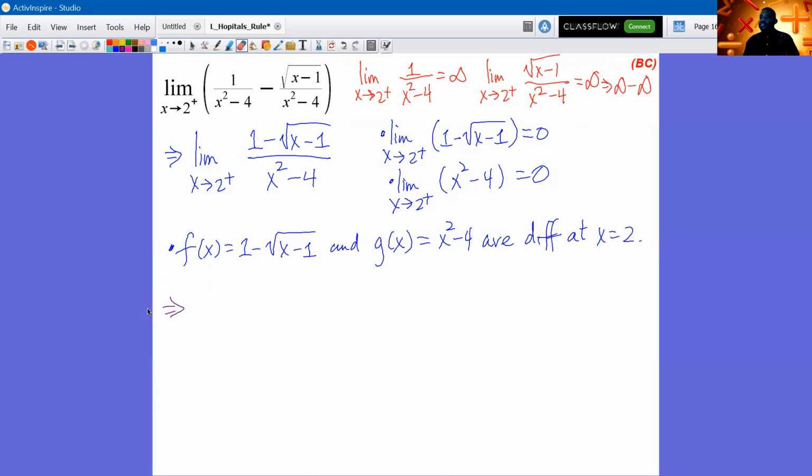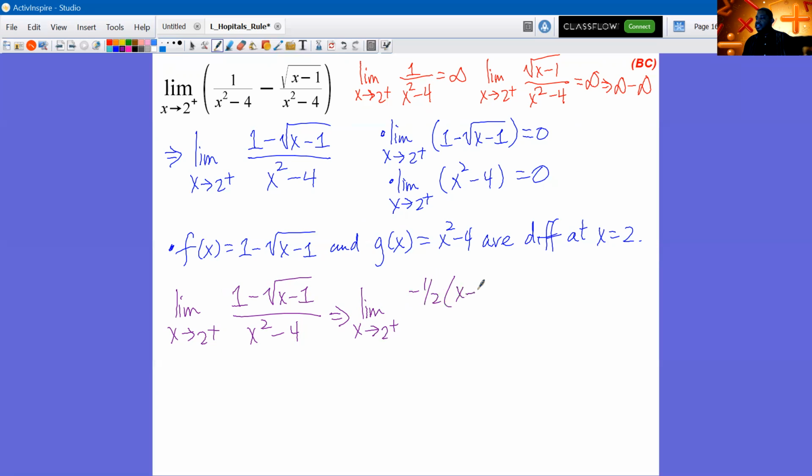So I have the limit as x approaches 2 from the right of 1 minus square root of x minus 1 over x squared minus 4 implies the limit as x approaches 2 from the right, the derivative of your numerator is going to be negative 1/2 times x minus 1 to the negative 1/2 times 1 over 2x. And you might want to simplify this a little bit. Wouldn't hurt.